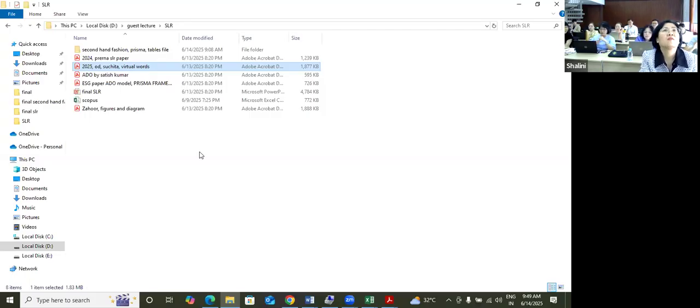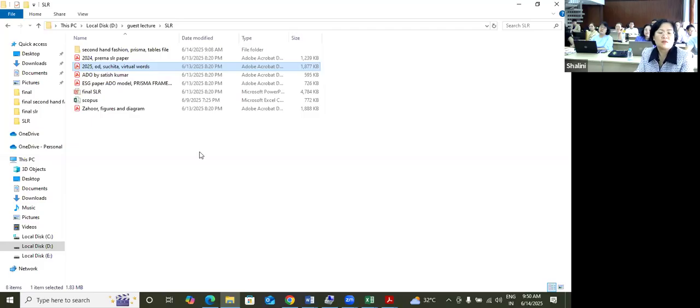So this is one paper, Zahur Figures and Diagrams. So this is another paper, Zahur Figures and Diagrams, 2025 OD Suchita Virtual Words. And the another paper is by ESG paper, ADO model, Prisma framework. So these are the 3 papers that I've shown you for this research methodology section, right?